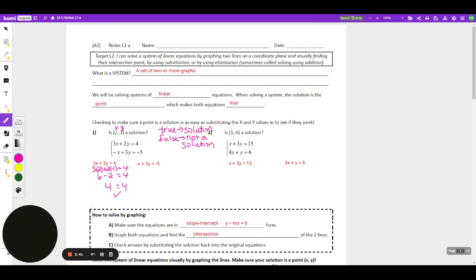So far I am good, but with a solution for a system of equations, I need to make sure that that is going to be a solution for both equations. One of them is not good enough. So I need to go ahead and substitute in my 2, where I see an x. And for my y, I'm going to substitute in a negative 1 again.